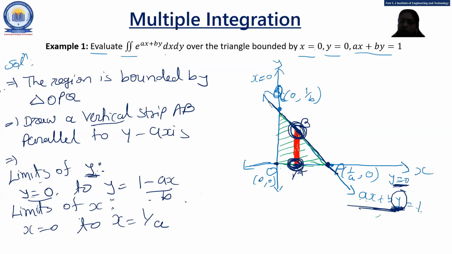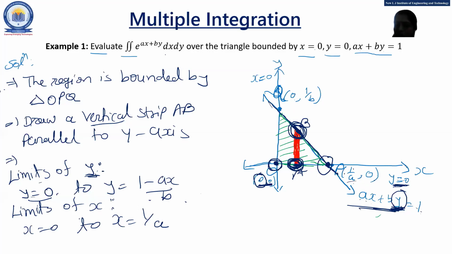And for the limit of x, what is the leftmost point of this region? This is the origin. In this case x is 0, and the rightmost point is 1/a.